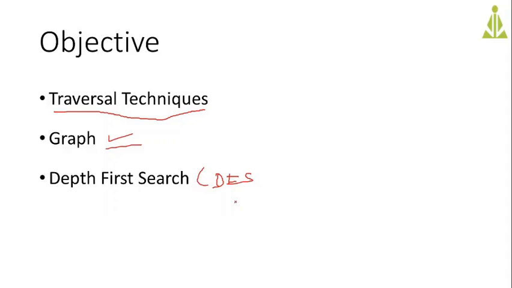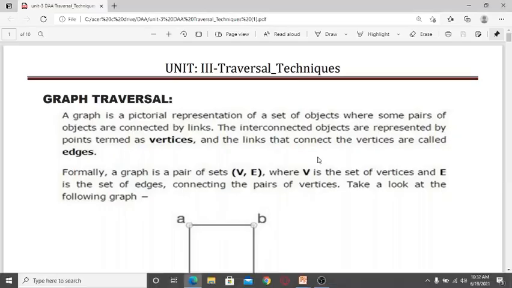One more topic is there, that is BFS, breadth first search. But as per your syllabus, you only have DFS, so we are going to see only DFS. First we will see what is graph, then we will go with the DFS.